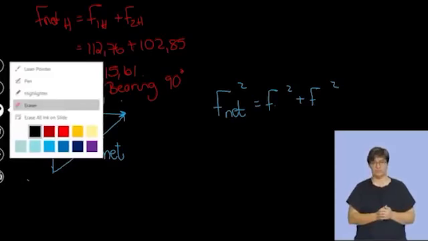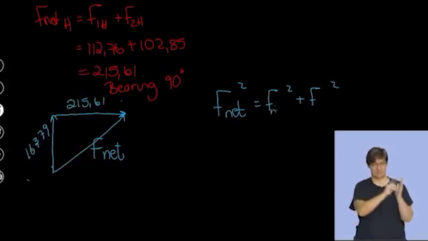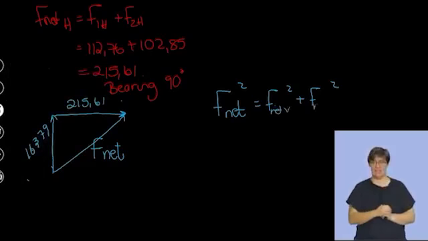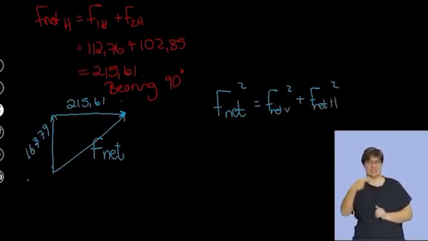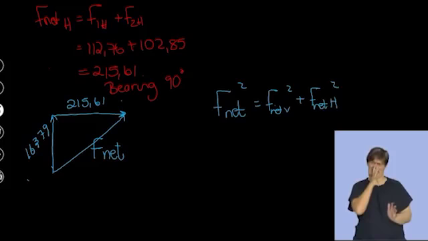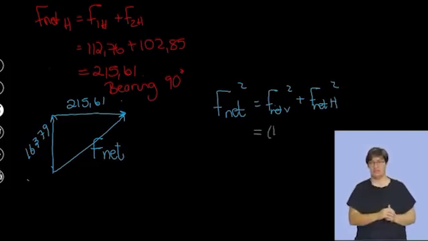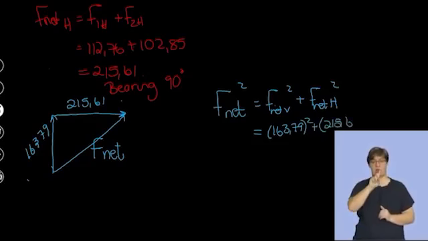So we really should put net there. The only thing with this section is it gets a little horrible with all the writing. Like, things get big, but it doesn't matter. So my vertical was 163.79. My horizontal was 215.61.